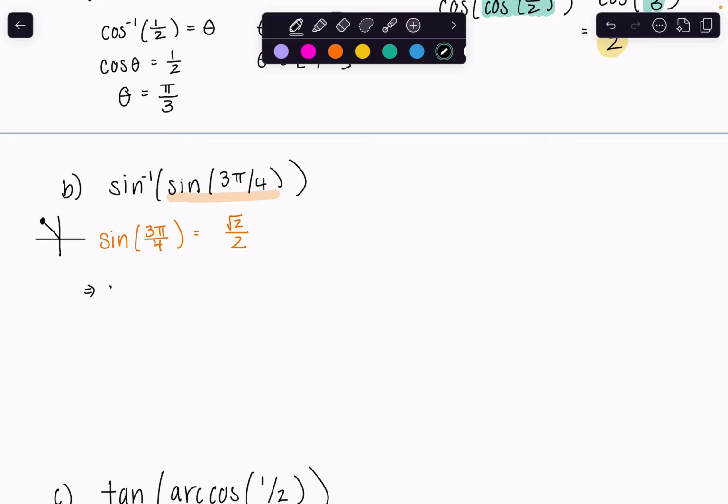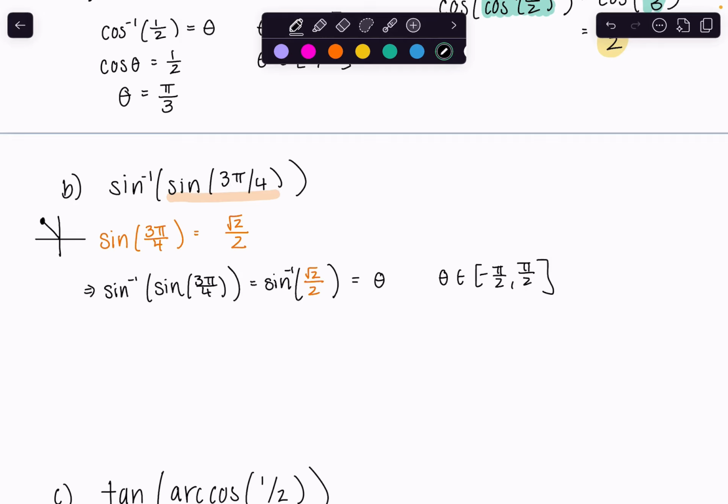So now evaluating sine inverse of sine of 3 pi over 4, the inside can be replaced by root 2 over 2. Okay. And this is going to give me some angle, where that angle is specifically in the interval from negative pi over 2 to pi over 2.